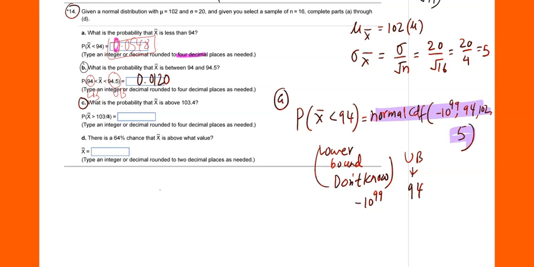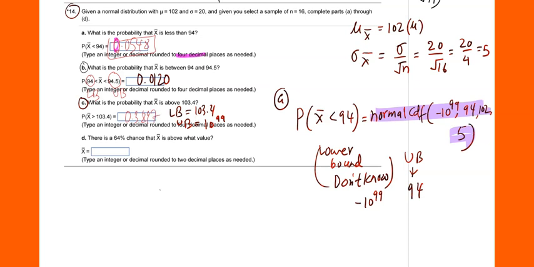Therefore in this case the lower bound is 103.4, the upper bound you use 10 to the power 99, and of course the mean and the standard deviation are given here, and use normal CDF with this upper bound and lower bound, you get the probability. The answer is 0.3897 if you round it to 4 decimal places, okay?